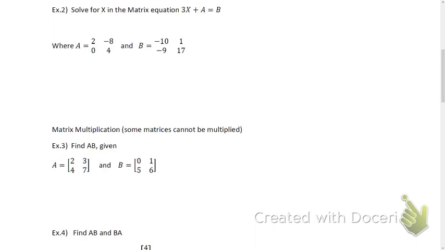You need to start by solving for x, and you do that by subtracting A from both sides. And then 3x is based on B minus A. So let's do that on the side.